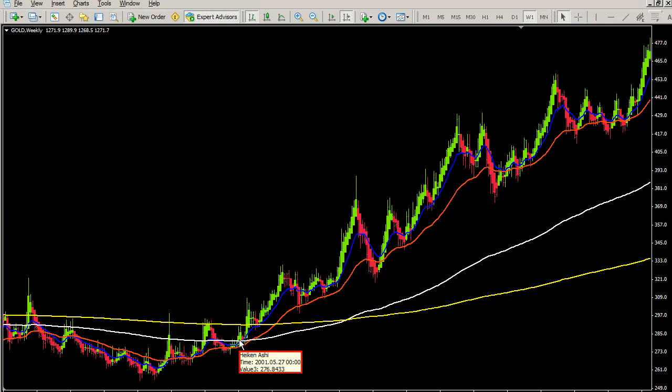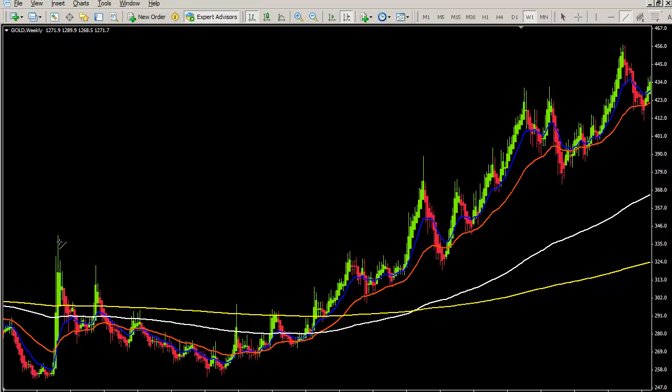In the end, what happens, the price breaks all the EMAs we have here. It's creating higher highs, higher lows. We have a lot of support, a lot of touches there. Look at this, higher highs, higher lows.